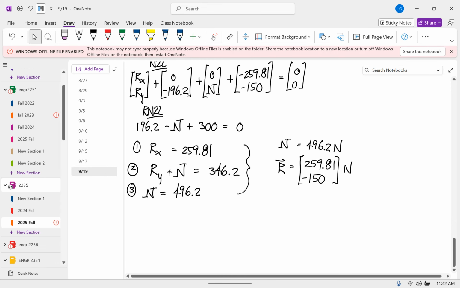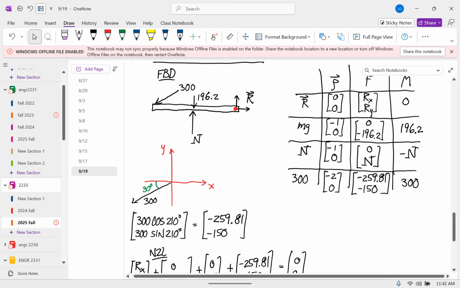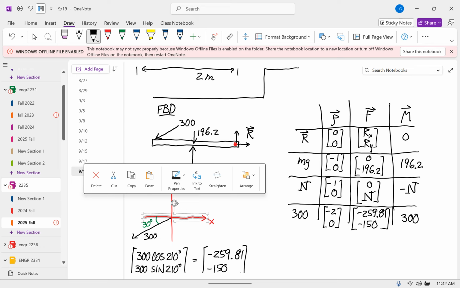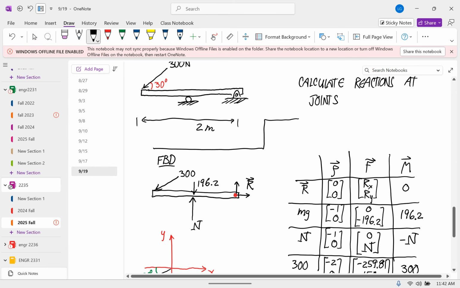So the normal force, pushing forces can only be one direction, so it's good that we got a positive value there. These unknown components can be positive or negative, so that's fine. Basically what we see here is that the force on the right needs to be kind of a mirror image of that 300 Newton force on the left for this thing to be in equilibrium, which kind of makes sense.